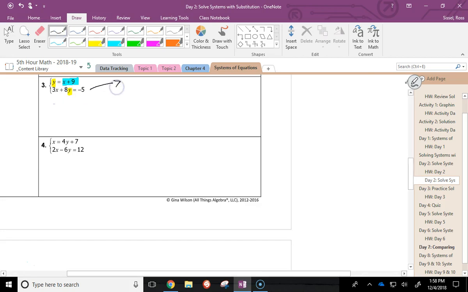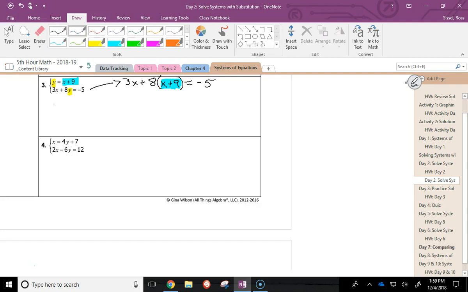So I'm going to rewrite my second equation as 3x plus 8 times, and I'm going to replace y with x plus 9. That's our substitution. Equals -5. This is why it's called the substitution method. I'm substituting the value of y, x plus 9, in for y in the second equation.